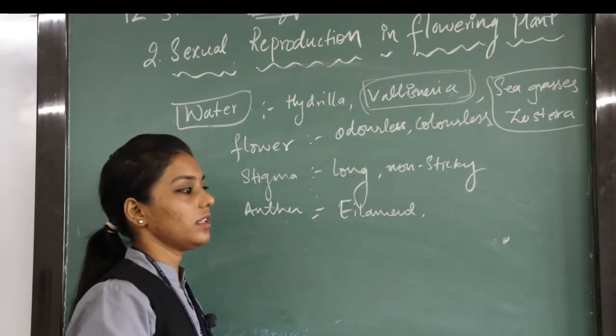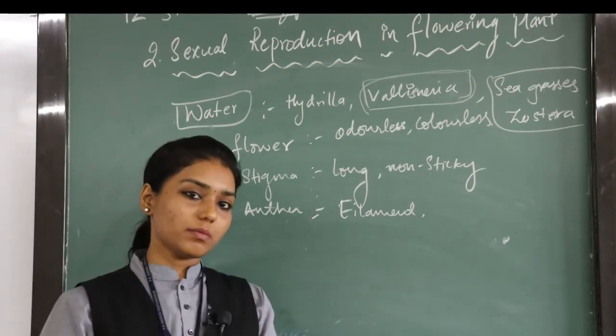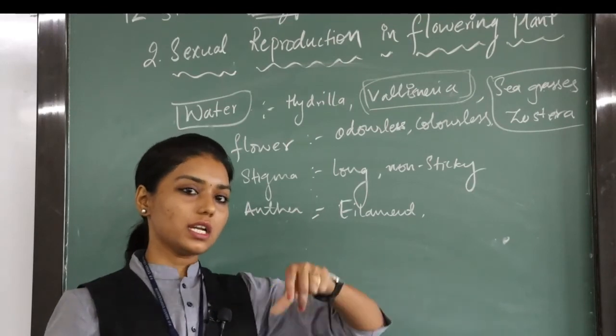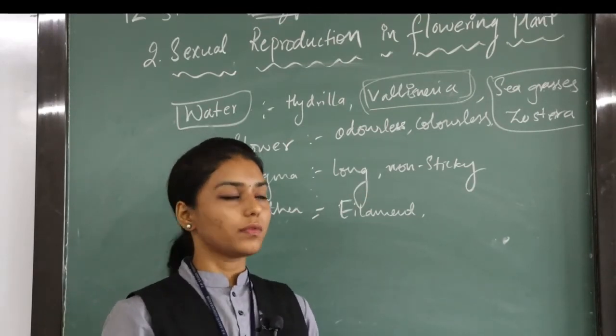Whereas in some, both male and female parts are submerged in water, and through water current the pollen grain is transferred and lands on the stigma of a flower.